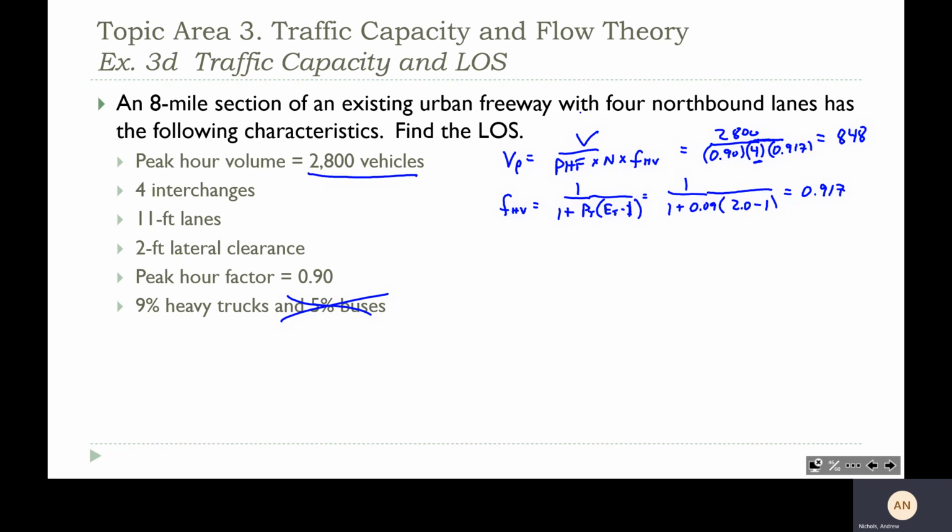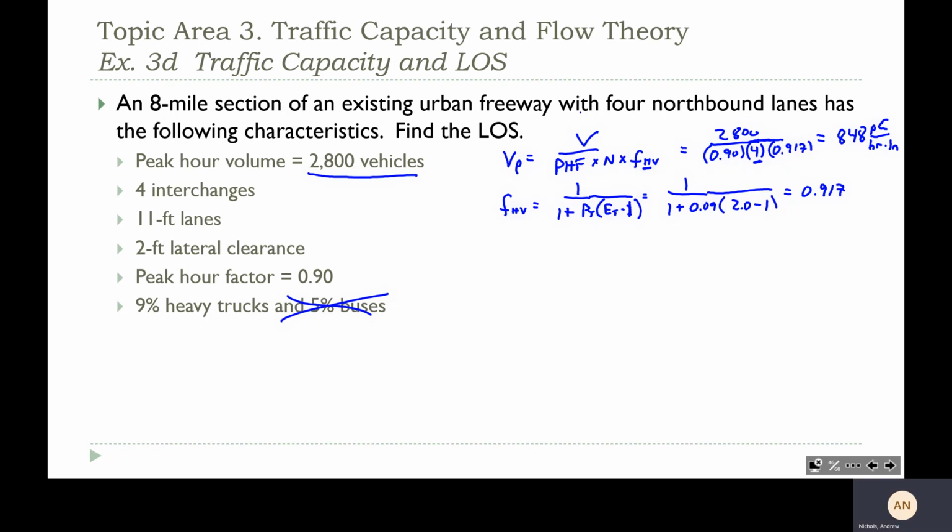So this FHV is accounting for the fact that trucks operate differently from passenger cars. And so our units are now passenger cars, PC, per hour per lane. So that makes sense that we've taken 2,800 divided by 4, but we're also accounting for the peak hour factor and the heavy truck factor.